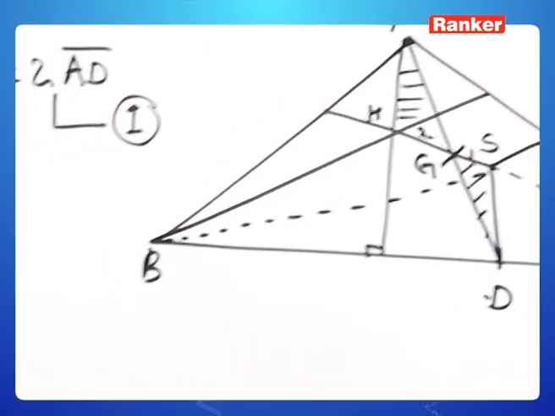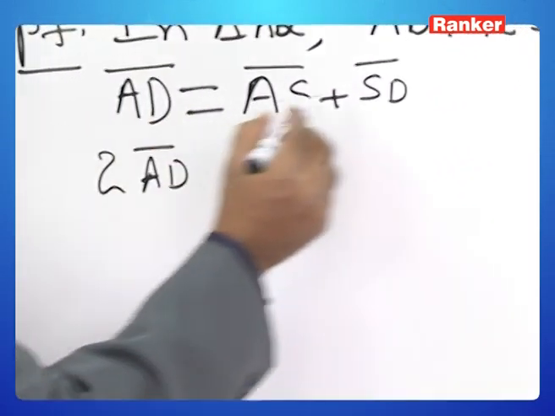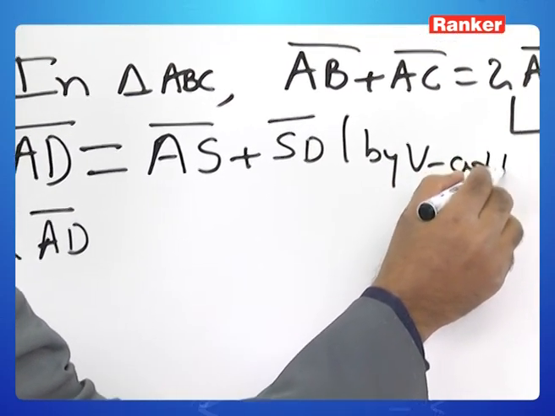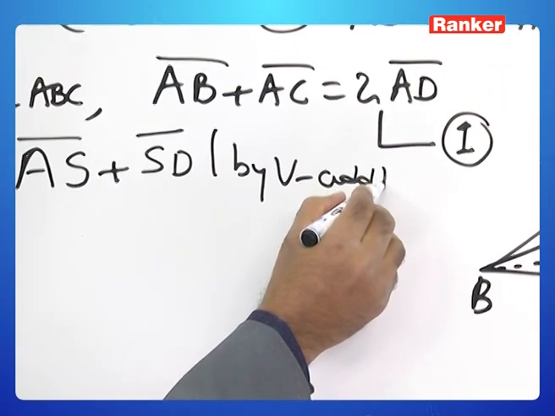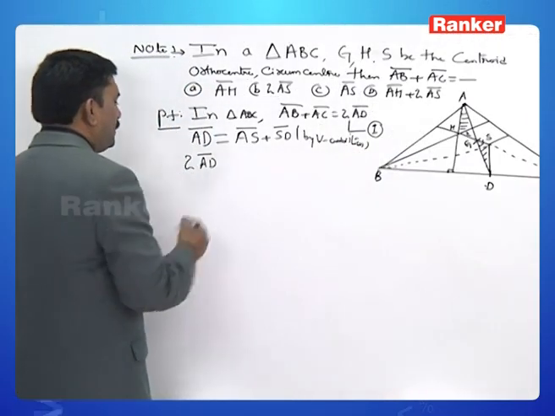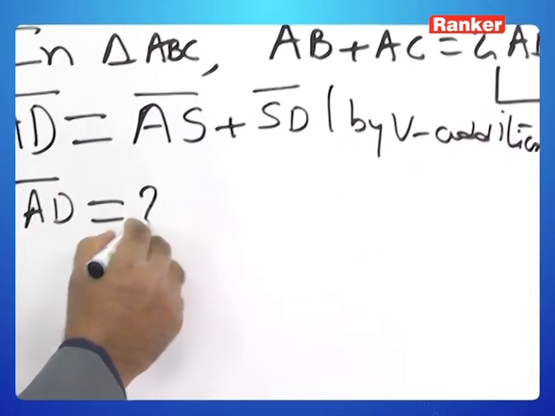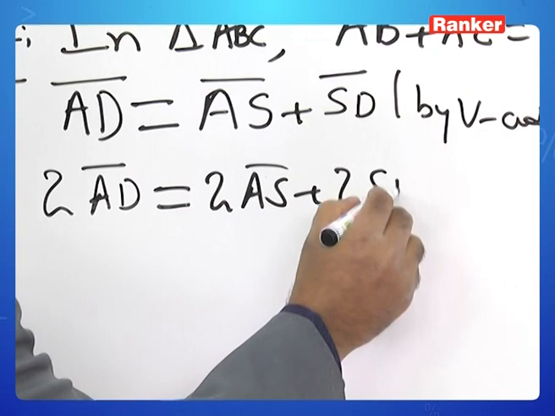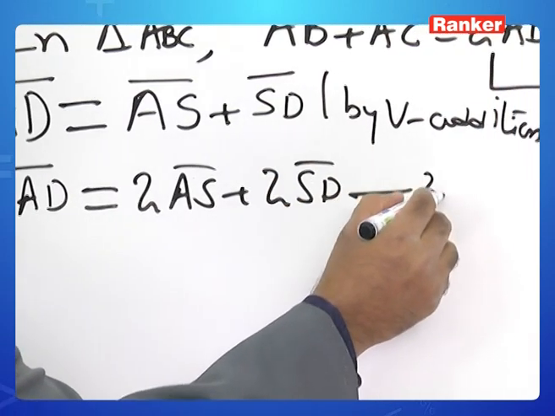Multiply on both sides with 2. This is by vector addition. 2 into AD bar is equal to 2 into AS bar plus 2 into SD bar. You call it 2.